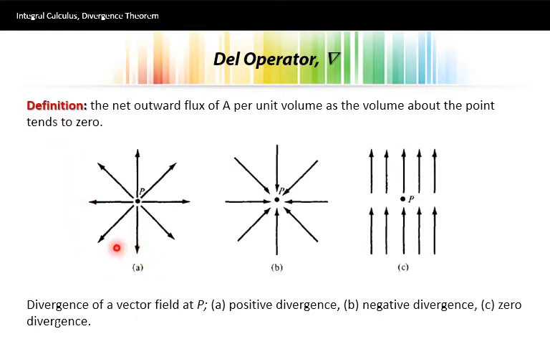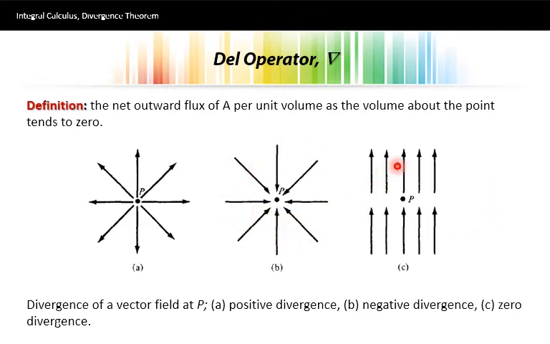Let's have a look into these figures. Divergence of a vector field at point P. In the first case, it represents a positive divergence. In the second case, in figure B, we have a negative divergence.